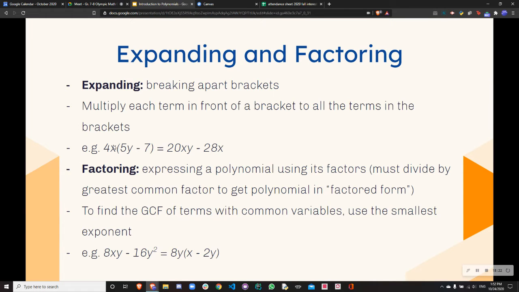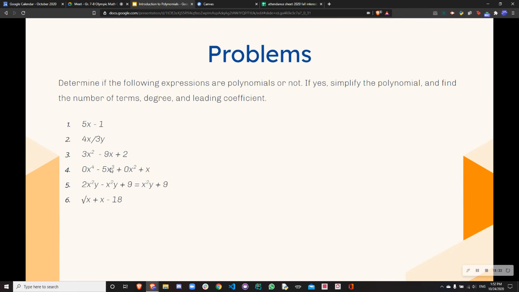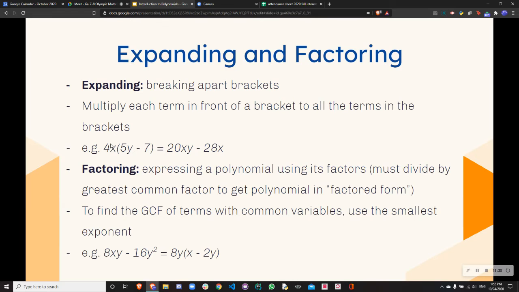So for example, over here, we have 4x times, in brackets, 5y minus 7. If you want to expand the expression, you have to multiply 4x to 5y, and also multiply 4x to negative 7.